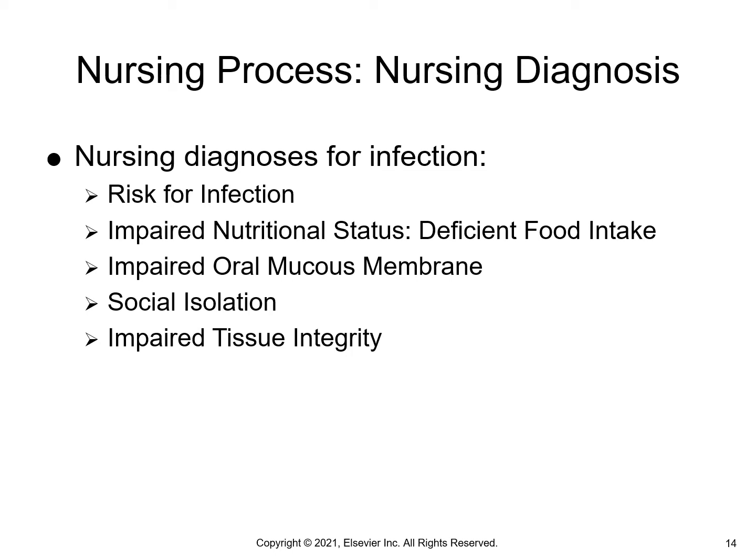If I'm in contact isolation or airborne isolation, chances are my nurses and my caregivers are going to come last, so I'm going to be socially isolated. And impaired tissue integrity, along with impaired oral mucous membranes, is going to give that route for the infection to enter. So the patient is at risk for infection with those other existing nursing diagnoses. Risk for infection is a pure nursing diagnosis.